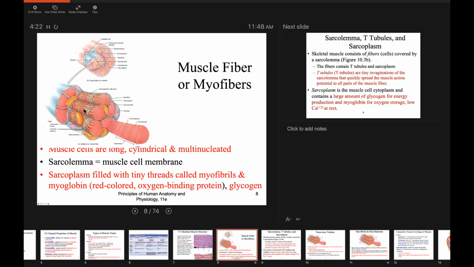So the terminal cisterns that were holding the calcium will release the calcium into the sarcoplasm, which will then allow muscles to contract. So the whole purpose of the transverse tubule system is to carry action potentials interiorly, which will then cause the release of calcium from the terminal cisterns. Perfect.